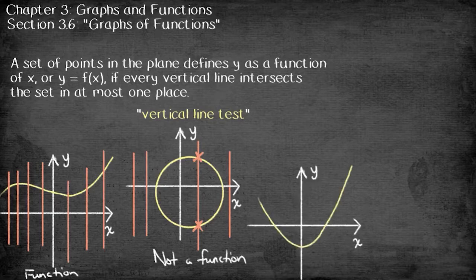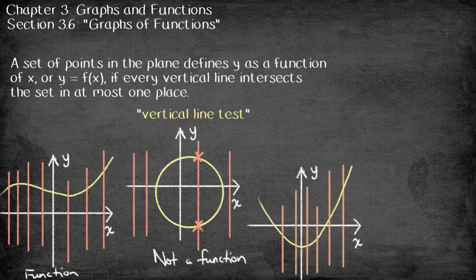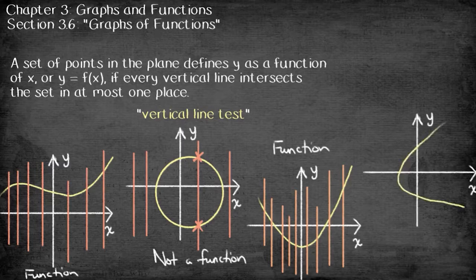Here's another example, and I just want to look at vertical lines. And again, for this guy, it doesn't matter where I put the vertical lines. They are only intersecting the yellow curve in one place. So this picture is the graph of a function.